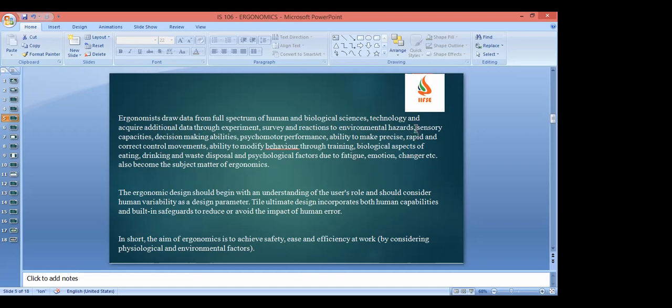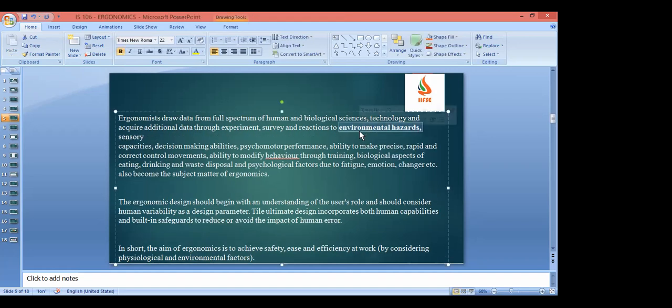For example, they will look into environmental hazards. They will see the decision-making abilities of the people, the ability to make rapid control movements, and the ability to modify behavior through training, and also biological aspects.